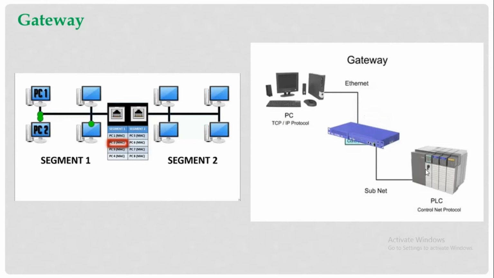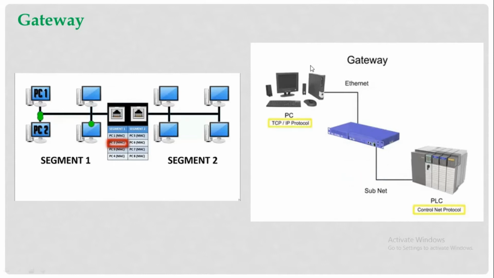For that, we gave an example. When two persons are communicating with each other, if they don't know the language, it is very difficult to understand, and it is not effective communication. So the network should operate on a common protocol, or it should have the same protocol for communication.